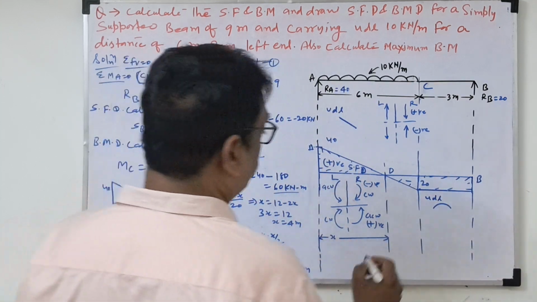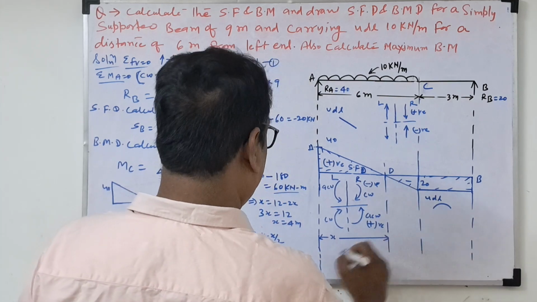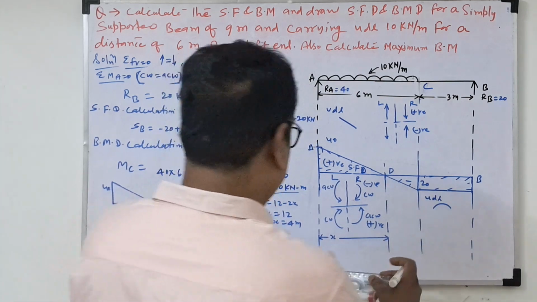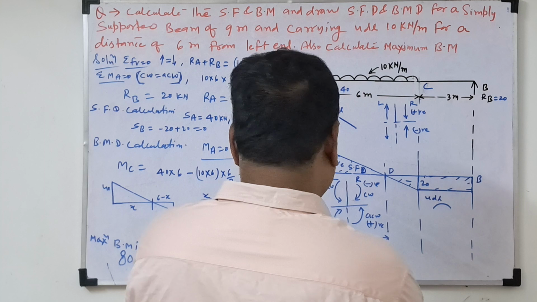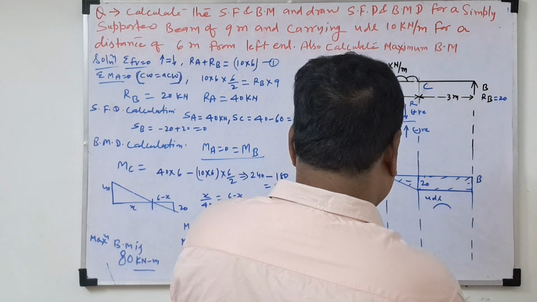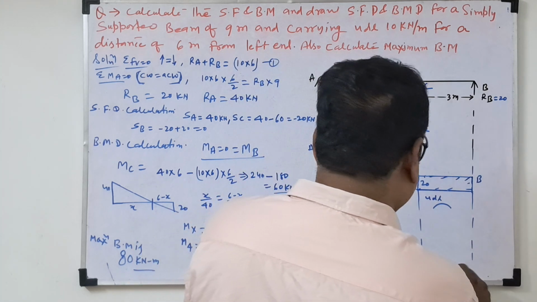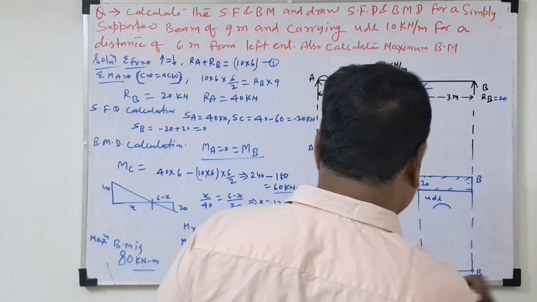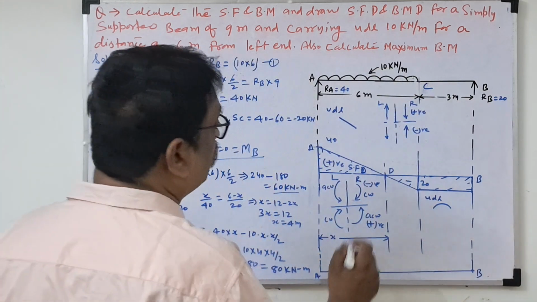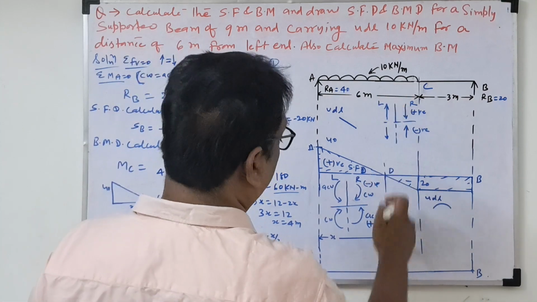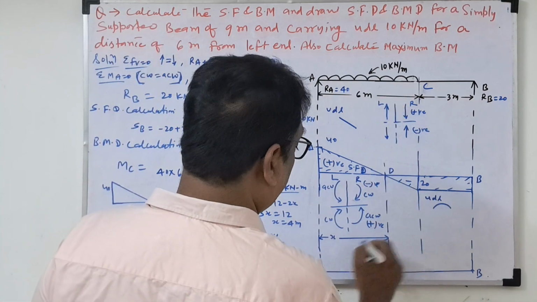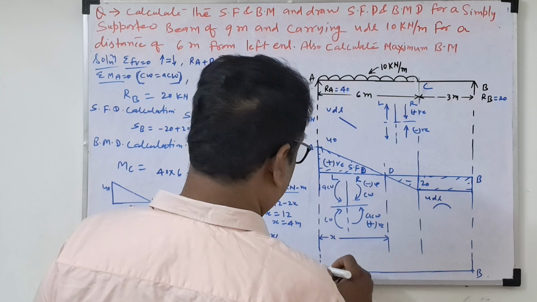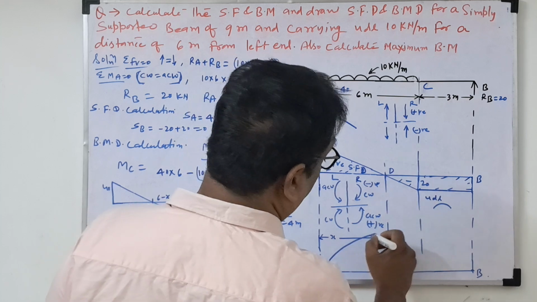So now you draw here. First draw the zero line. The bending moment will be 0 on this line, so at B and A the bending moment will be 0. Now we are drawing the maximum bending moment. How much do you take here? A curve line.